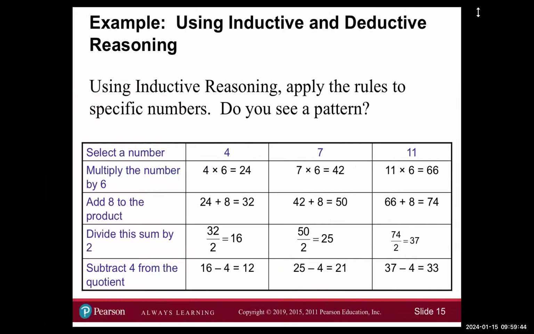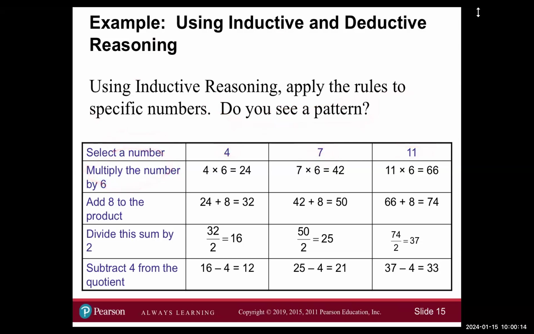Here is an example using deductive reasoning, applying a rule to specific numbers to see if there is a pattern. We select a number, multiply by 6. We select the numbers 4, 7, 11.